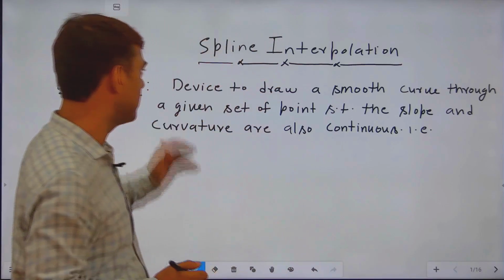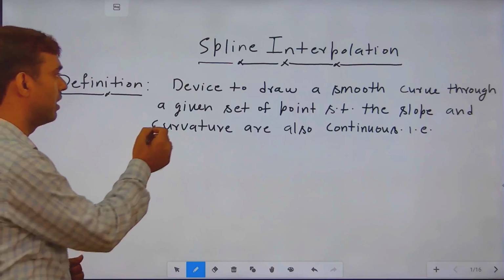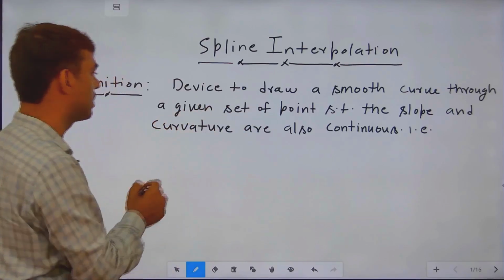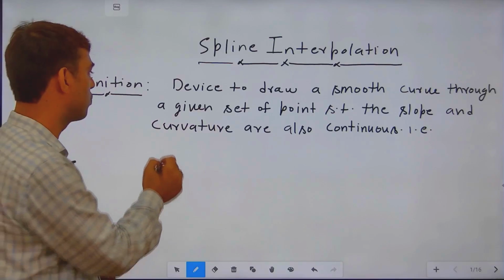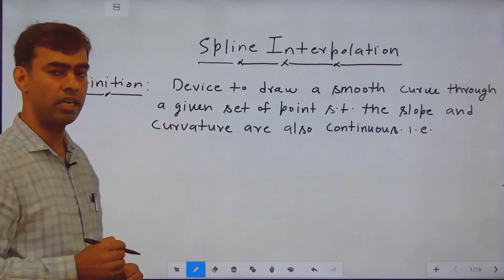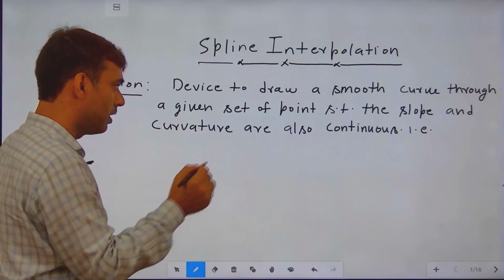What is the definition? Here I have already written the definition. As we say, it is a device to draw a smooth curve through a given set of points such that the slope and curvature are all continuous.